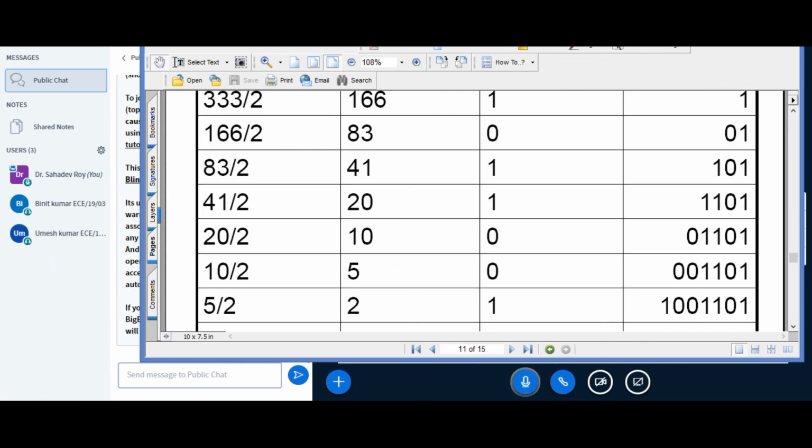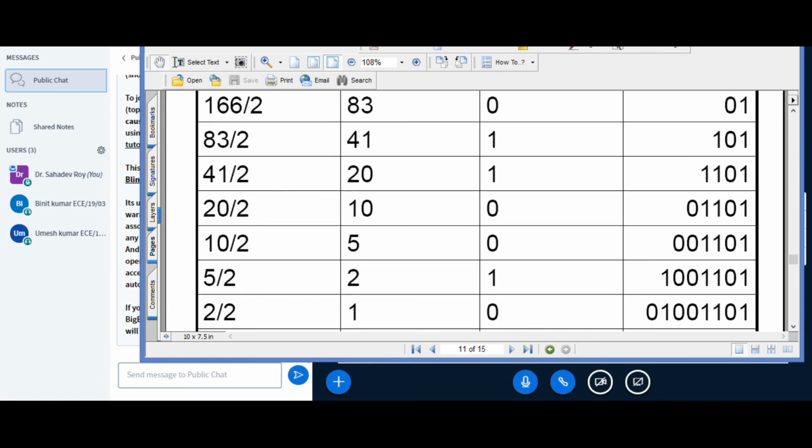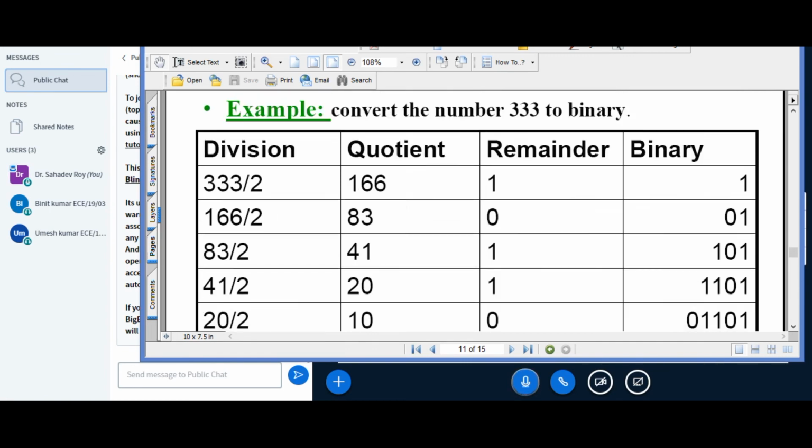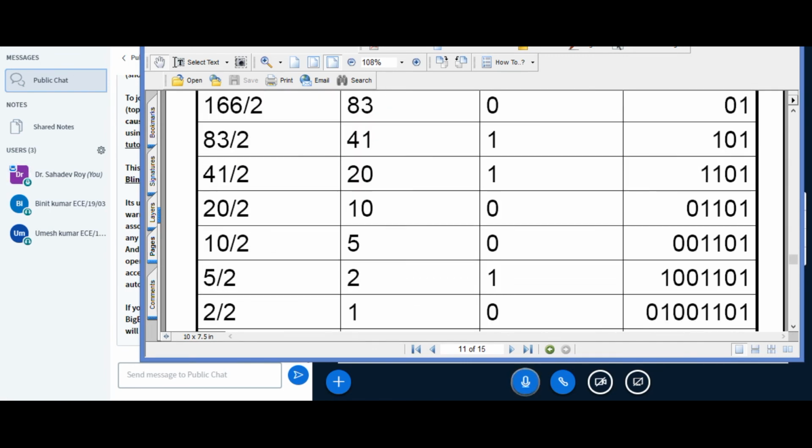10 by 2 is 5. The remainder is 0, and this 0 is written here. Then 5 by 2, the remainder is 1, and this 1 is written here. And 2 by 2, the quotient is 1 and the remainder is 0.